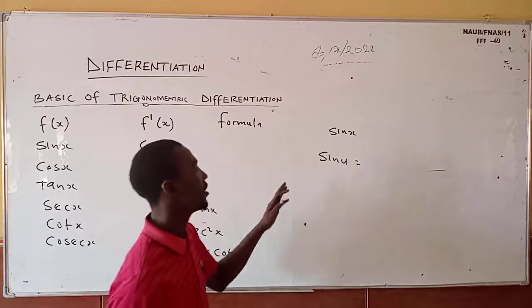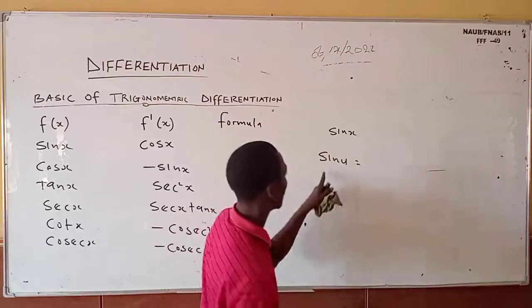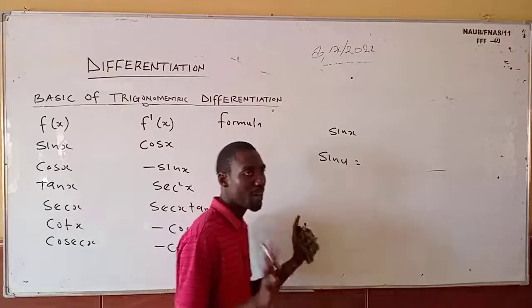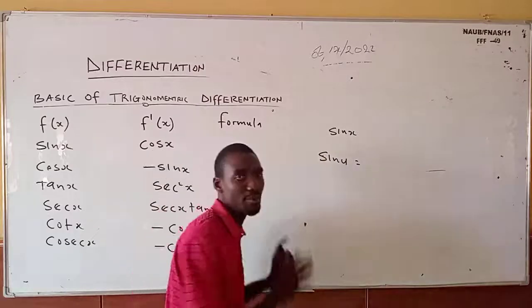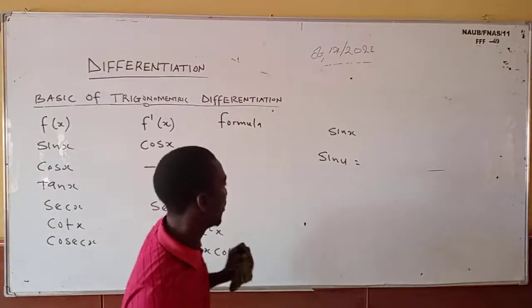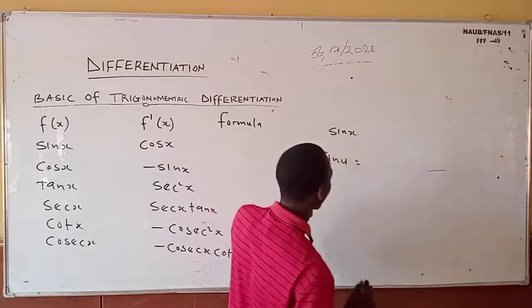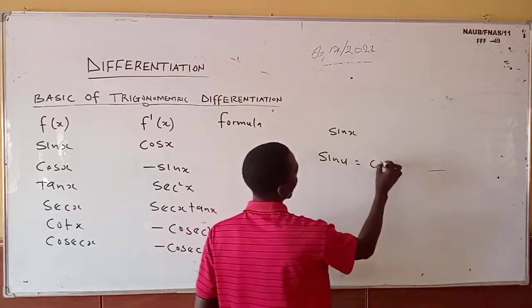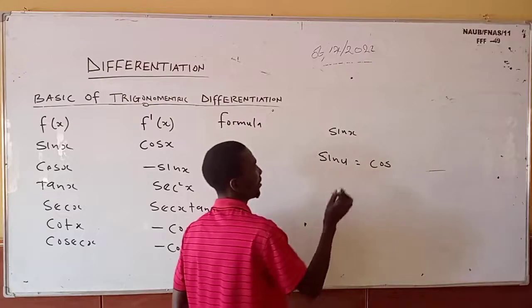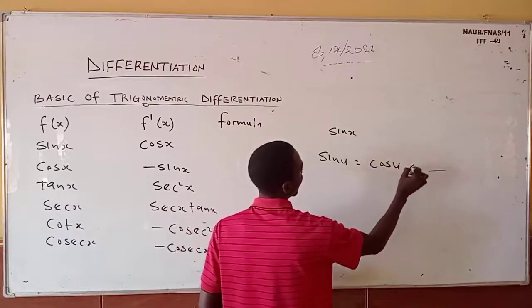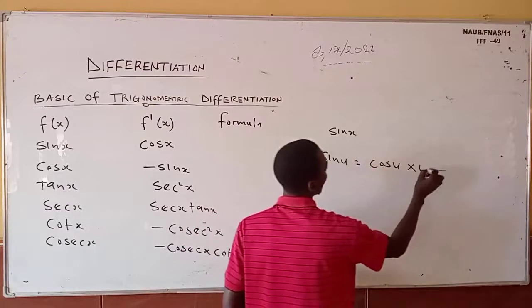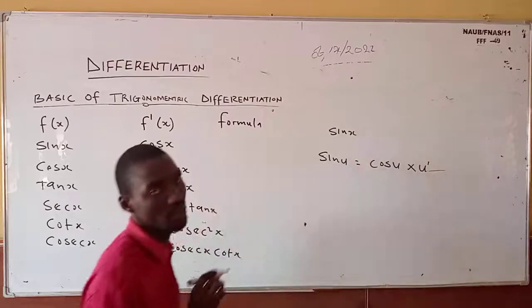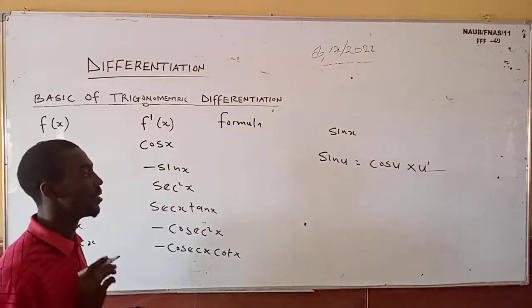The formula I'm giving you is the answer to the differentiation. When you differentiate sine, you get your cos, put your u back there, times u prime, that is, you differentiate u. That is the meaning of the u prime that is there.